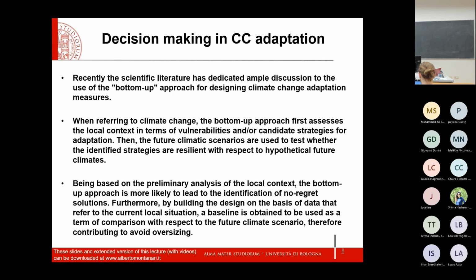So why bottom-up? Because in order to identify a no-regret solution, the bottom-up approach focuses on the current problems, current vulnerabilities, current risks.